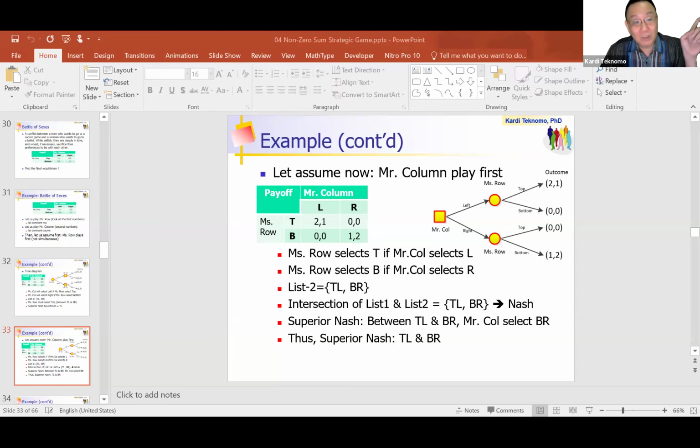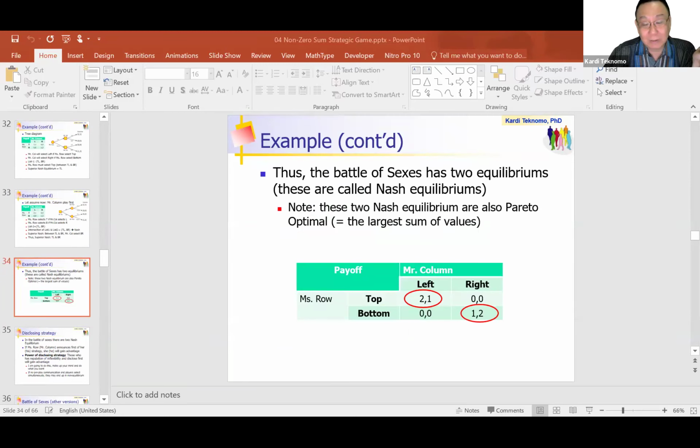One is for Miss Rowe, this one, and the other one is for Mr. Column. Remember this, yeah. NAS equilibrium does not always exist. When it exists, it is not always unique. So this is the example where you have two NAS equilibria.